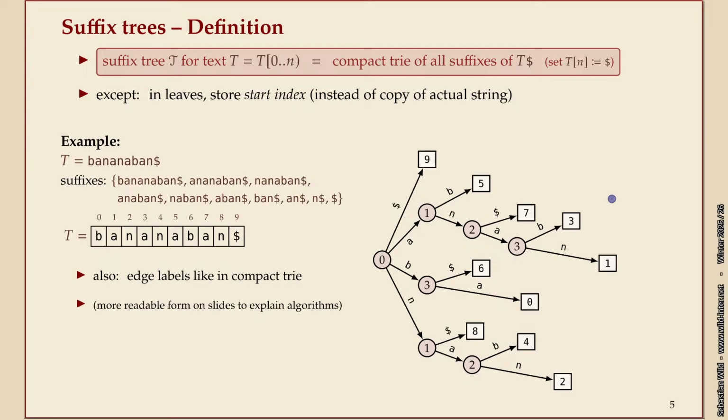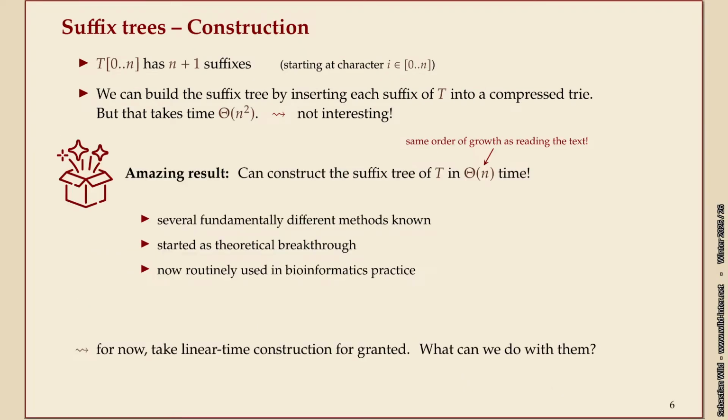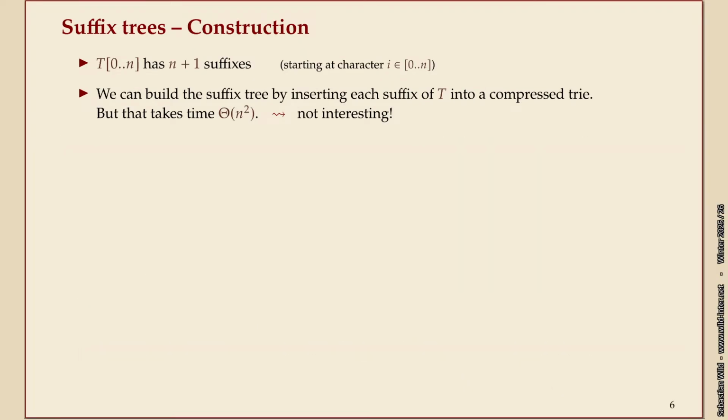Okay, so that's suffix trees. It's a simple definition. Just take a text and all the suffixes, throw them into a trie. The tricky bit, as I said, is how to construct this efficiently.